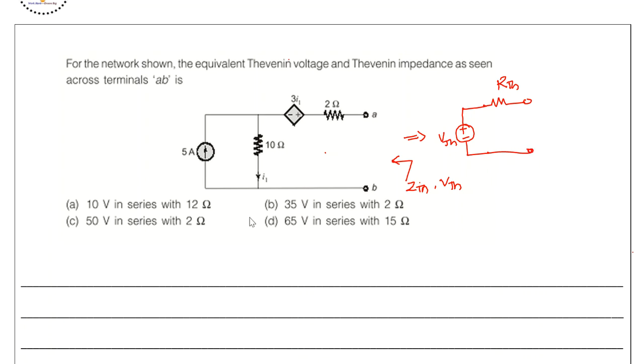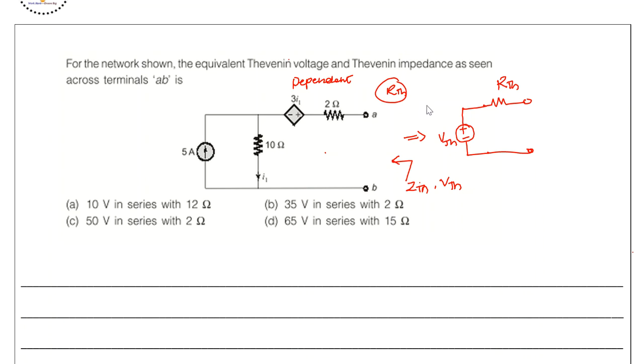In the answers, the same thing is asked, with options like 35 volts in series with 2 ohms, 65 volts in series with 15 ohms, and so on. It's a simple thing, but finding VTH is easier, and because of the dependent source here, it is difficult to find RTH.